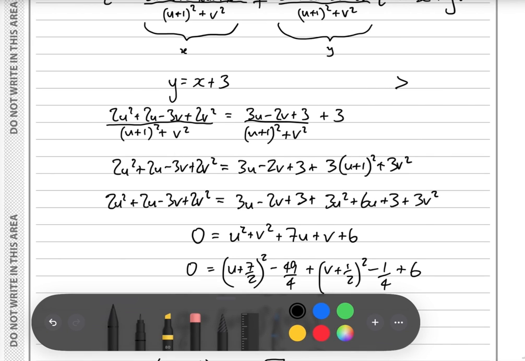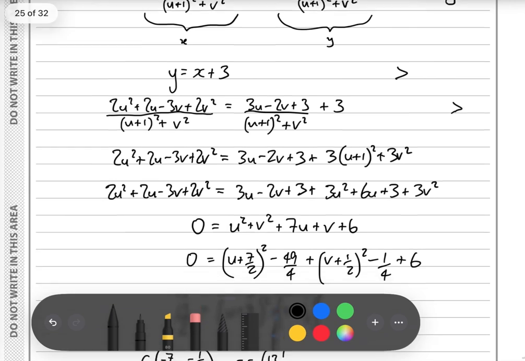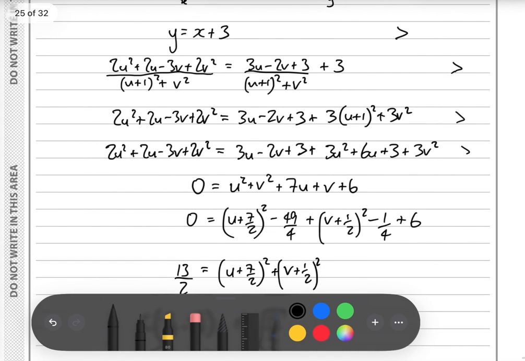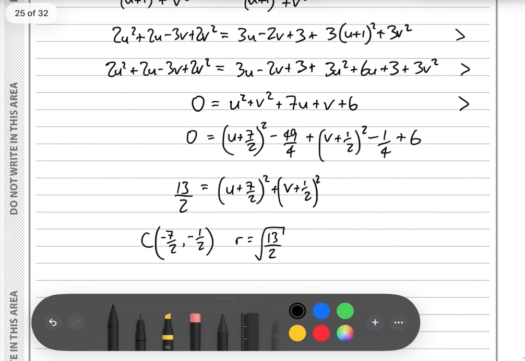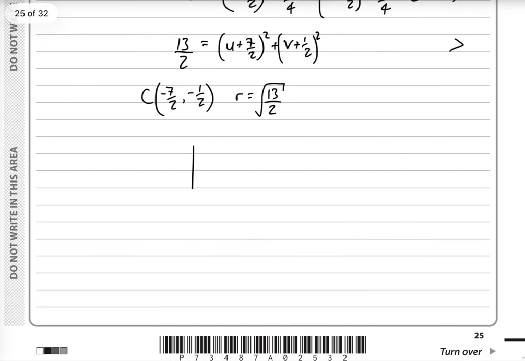I'll just do it on the side here. It's still a greater than here. I didn't change the side as I so often do, so that's worked in my favor, leaving that 0 on the left there. So what that's saying is that the circle equation is less than 13 over 2. That means I need the region inside the circle.